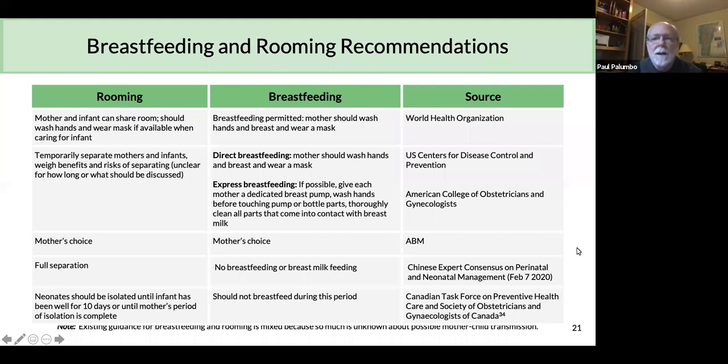And in the far right column are where the recommendations are coming from. And as you can see, we have WHO recommendations, US CDC recommendations, American College of OBGYN recommendations, some out of China, some out of Canada, and there is considerable variability from expert organizations.